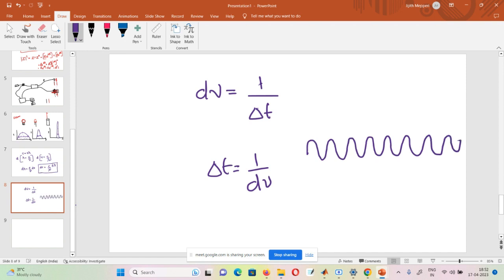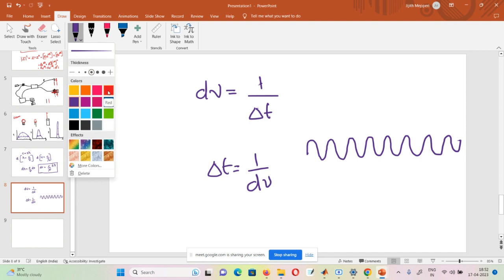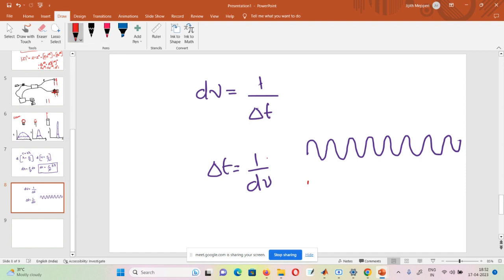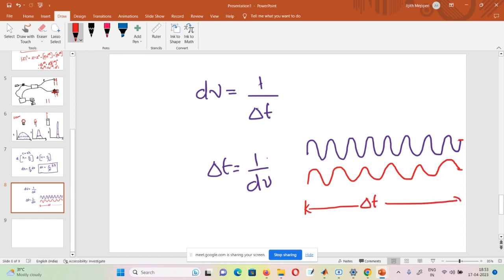So if two light beams are traveling and both started similarly, but after some time they lose coherence, because now the phase is completely opposite, and here you get total destructive interference. If the light can travel this much time, this time is called the coherence time.